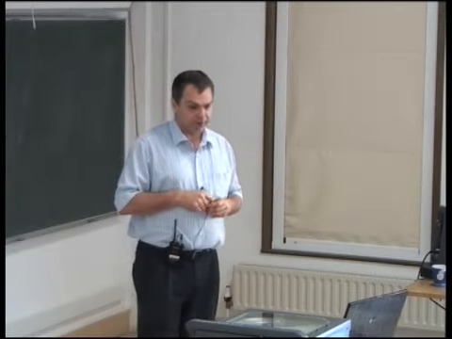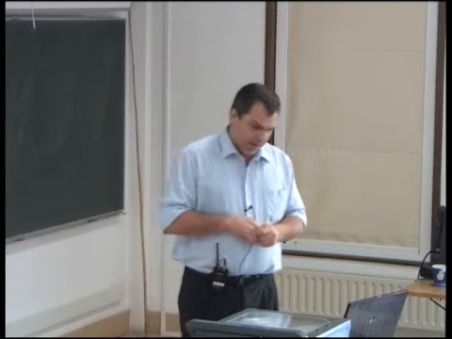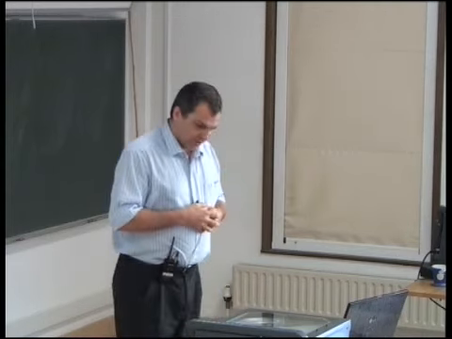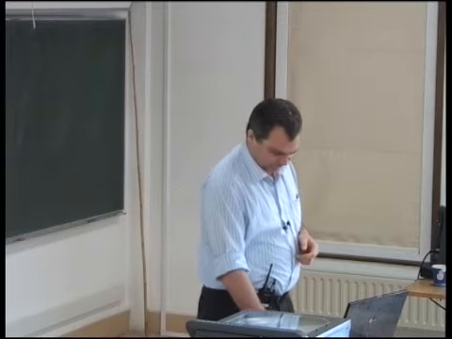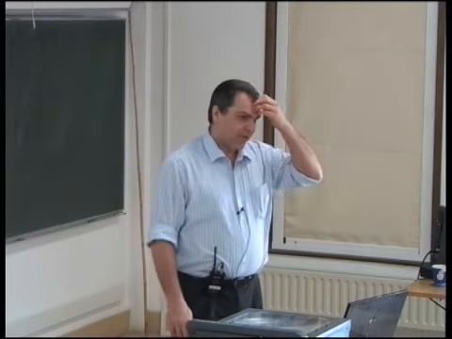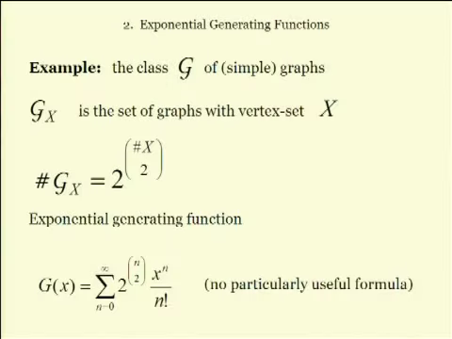There are 2 choices for each of the n choose 2 pairs. And the exponential generating function is given there. It's not a particularly useful formula, not that I know of anyway. Well, it's not in terms of elementary functions.